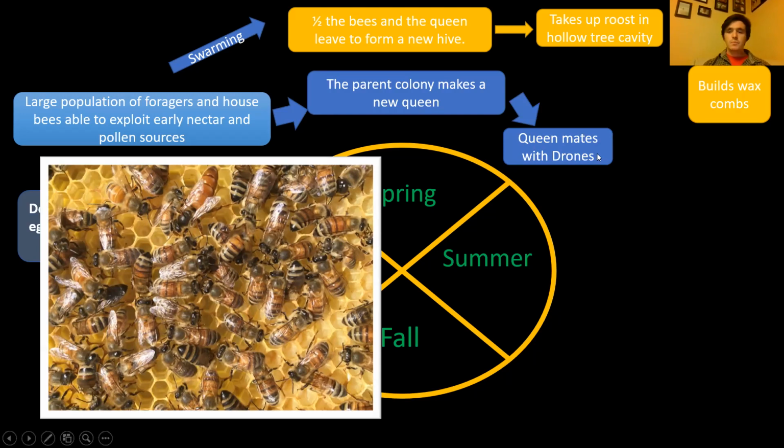But mating with the 20 to 25 drones is when she leaves the colony. So you see here in the top of the photo is my queen with the really long abdomen because she was well mated with drones. So that's a 25 drone queen.